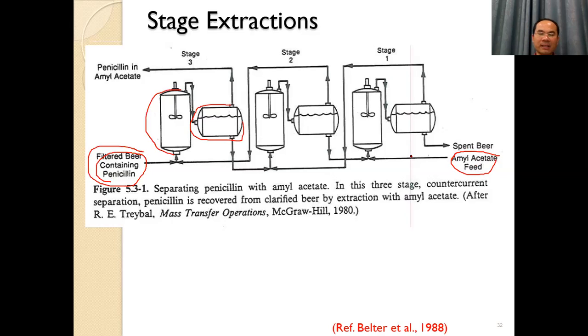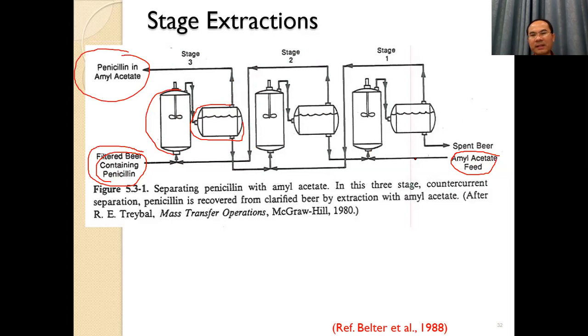This is the counter current technique. For this case, the feed is mixed with the solvent. This solvent is out of the second step, and then mixed together. And then the penicillin moves to the extract phase. And then we feed out more penicillin in the extract phase.